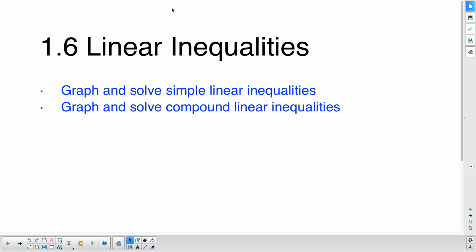Equalities is an exact science. Right? 7 is equal to 7, and nothing else is equal to 7. Negative 7 is not equal to 7. Right? The only thing that's equal to 7 is 7. Okay? So that's equalities, exact.